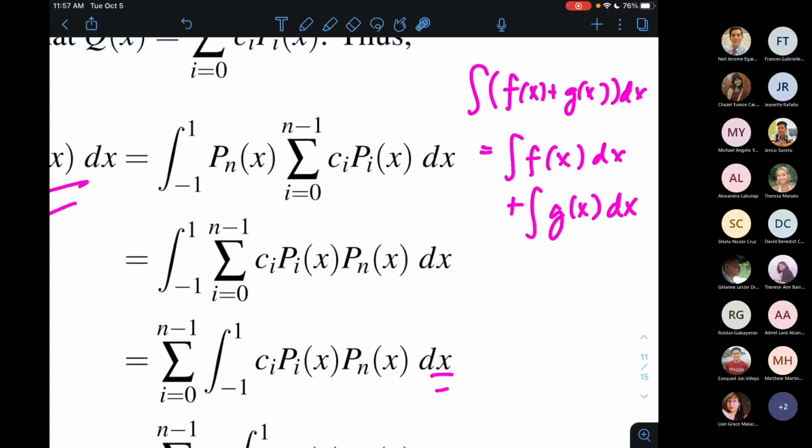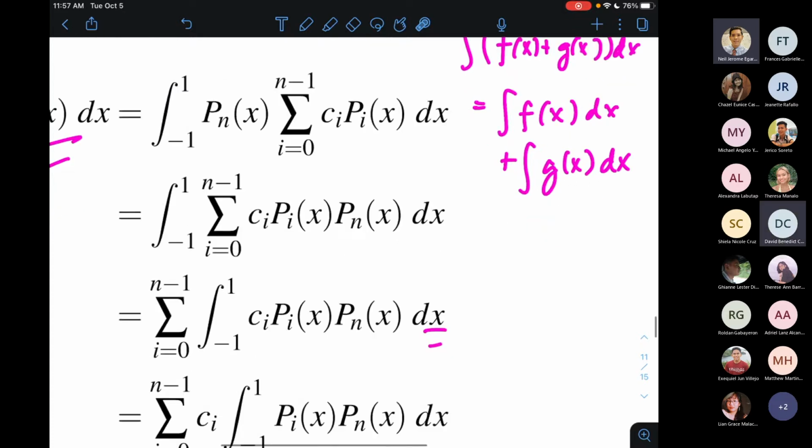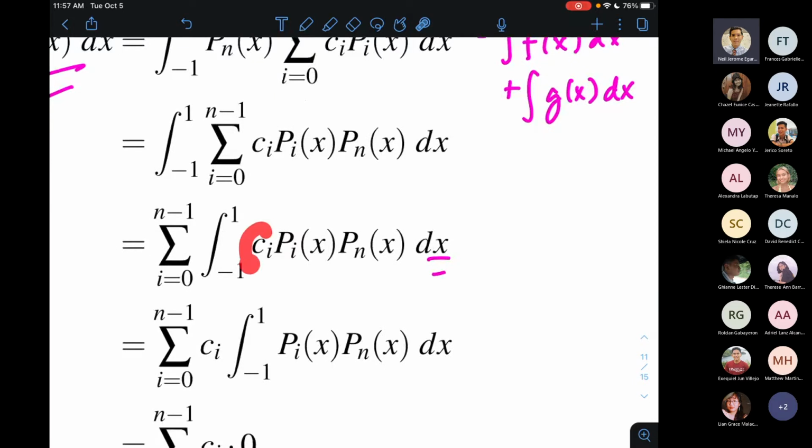Okay? And then, paano naman nakalabas yung mga C sub i? Well, si C sub i ay constant with respect to the variable x. Kasi si C sub i, mga constant lang siya, di ba? And again, linearity property of integral. Kapag meron kang constant sa loob ng isang integral, so ang integral natin ay with respect to x. Si C sub i, wala naman siyang involved na x.